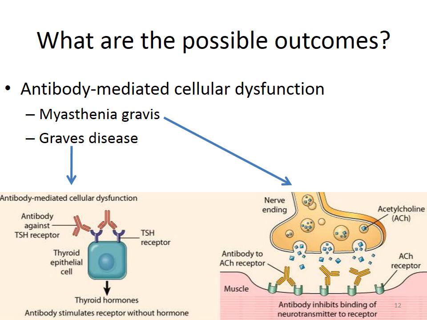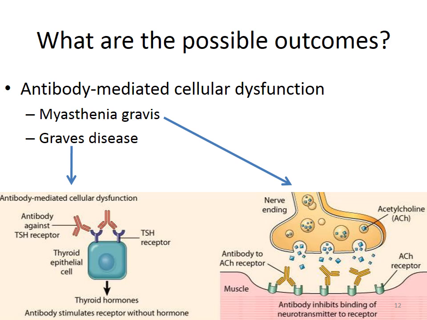Graves' disease is this mechanism shown on the lower left, and it is a type of thyrotoxicosis or hyperthyroidism. This is brought on by overstimulation of the thyroid gland by thyroid stimulating hormone mimicking antibodies, or TSH mimicking autoantibodies.